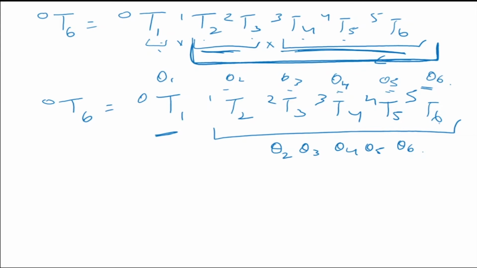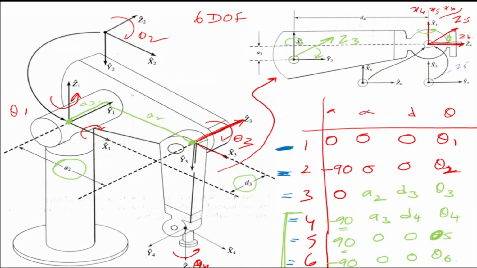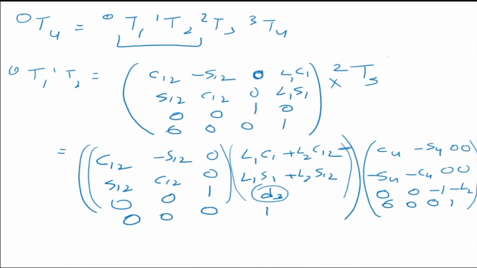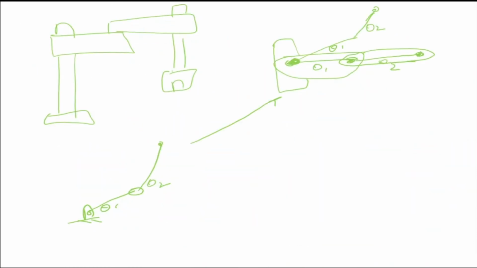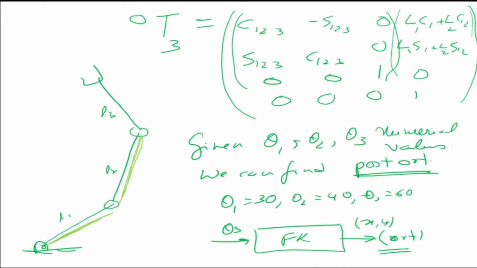Now, why are we doing it like this? If you go back a little bit, let's look at the example of the two-link manipulator case, the SCARA. If you look at the last matrix that comes out of it, you find that the x coordinate and the y coordinate have combinations of theta 1 and theta 2.